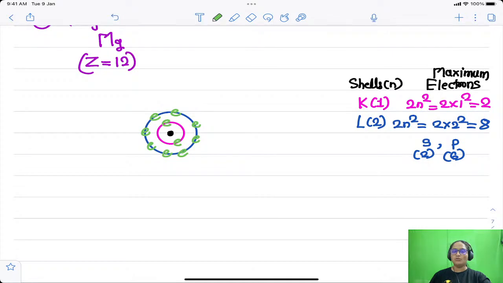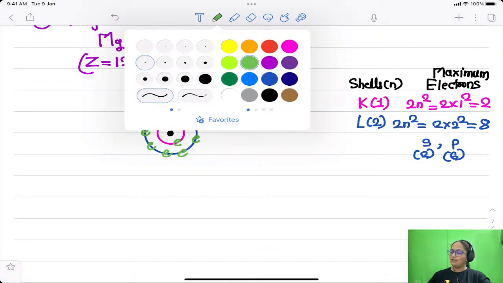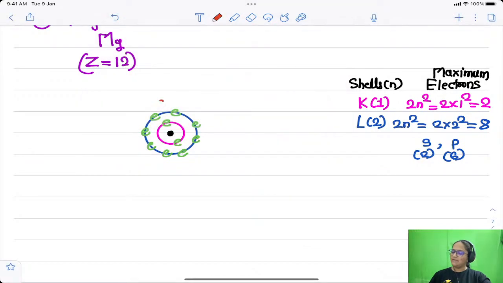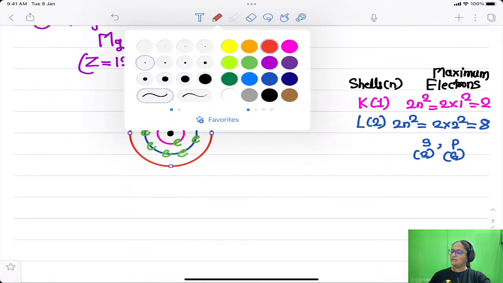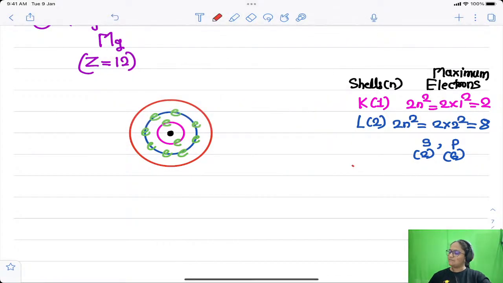8 plus 2, we have filled 10 electrons. So the remaining 2 electrons will enter the next shell. Next shell is also called the M shell, or third shell.